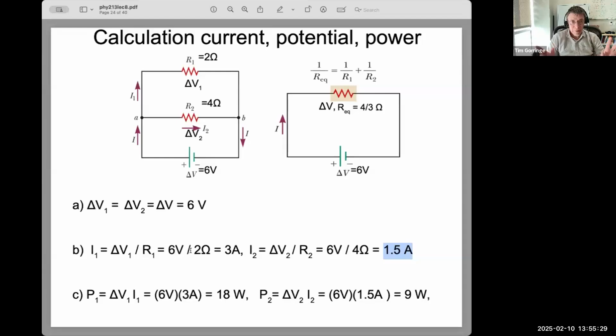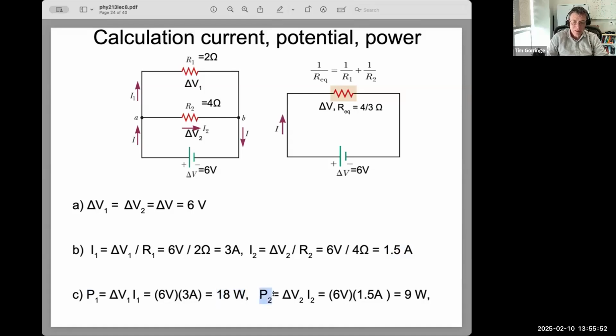At this point, we know the voltages across the resistors. We know the currents through the resistors. If we want the power dissipated by resistor number 1, all we've got to do is multiply the voltage across that resistor and the current through it. That's V1 I1. So it's 6 volts times 3 amps, 18 watts. That's the power dissipated in this top resistor R1.